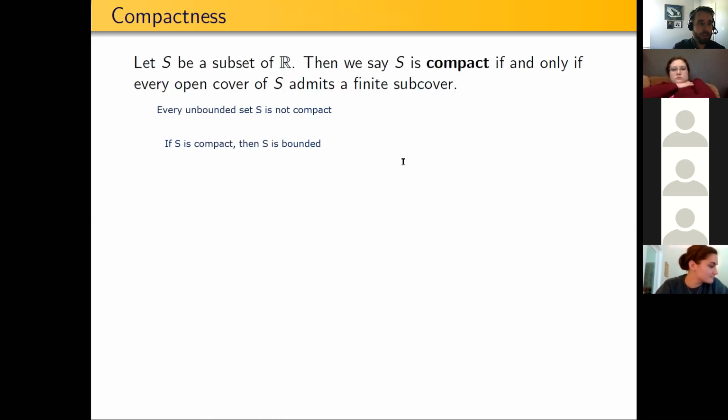A lot of what we can do, though, is make arguments that look like this. If a set is compact, then I can conclude something else about it, right?